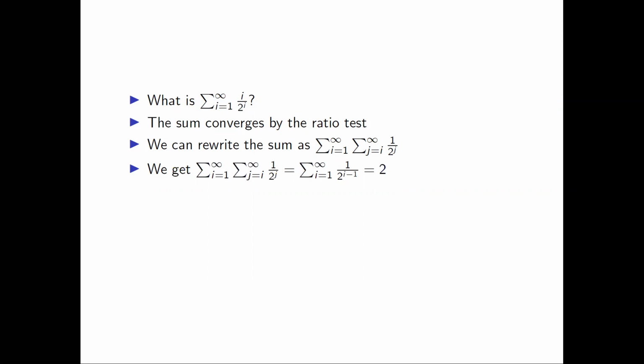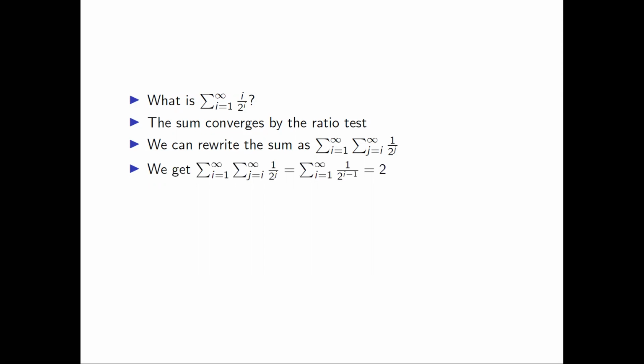And that gives us 1 over 2 to the i minus 1 as the value for the sum j equals i to infinity of 1 over 2 to the j. And we're summing that from i equals 1 to infinity. So we're taking the sum from i equals 1 to infinity of 1 over 2 to the i minus 1. And that's the same as 1 plus 1/2 plus 1/4 plus 1/8 plus 1/16, and so on. So we get 1 over 1 minus 1/2, and that's equal to 2. So that's the value of the sum, i equals 1 to infinity of i over 2 to the i.